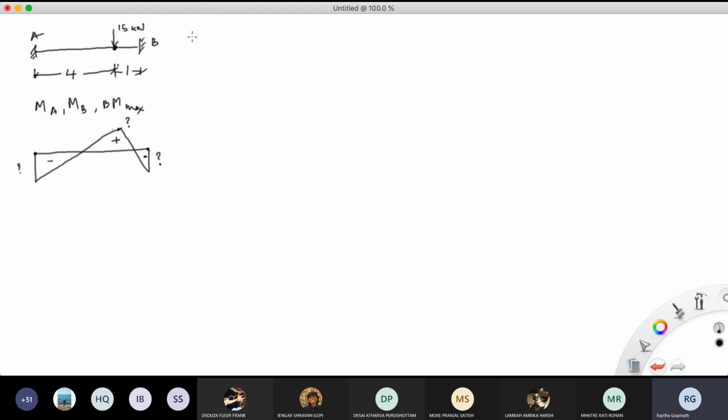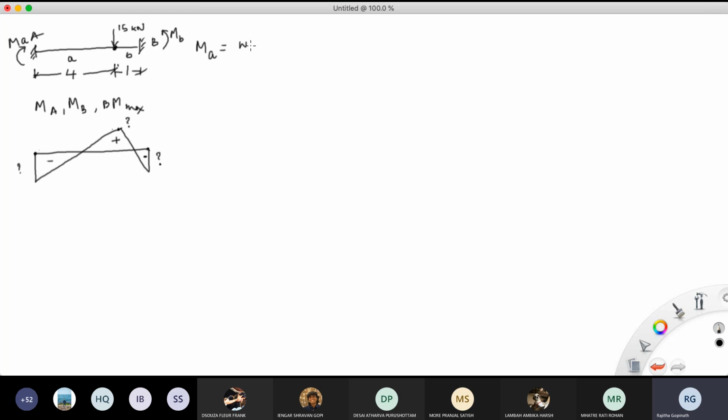Now let's find out the MA. MA हमने बोला MA is equal to W A B. If this is A, so this is A and this is B distance, right? So MA मतलब ये वाला, this is MA and this is MB. Okay.